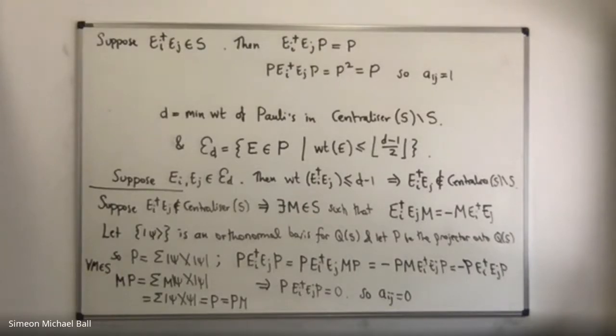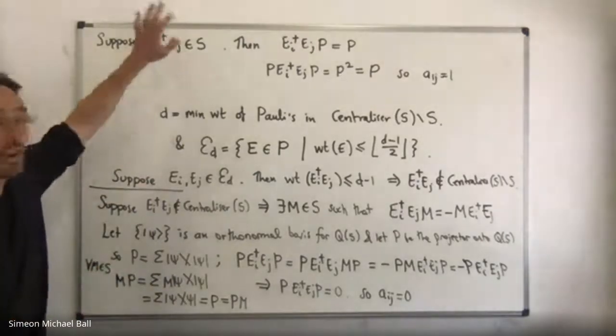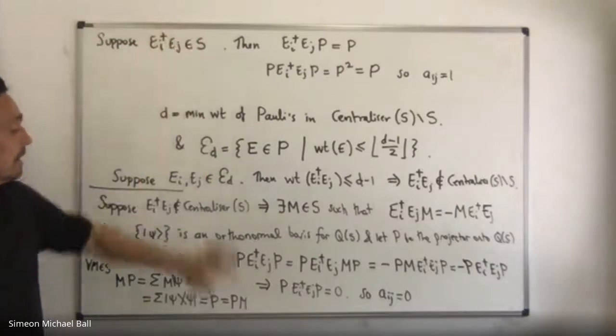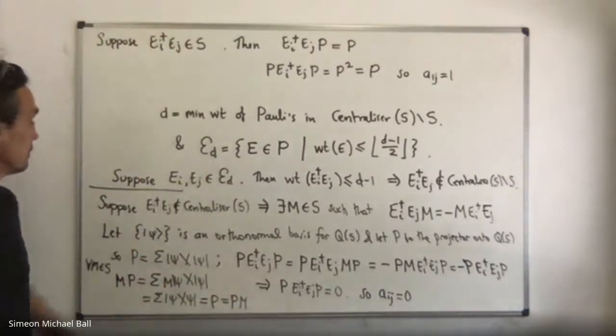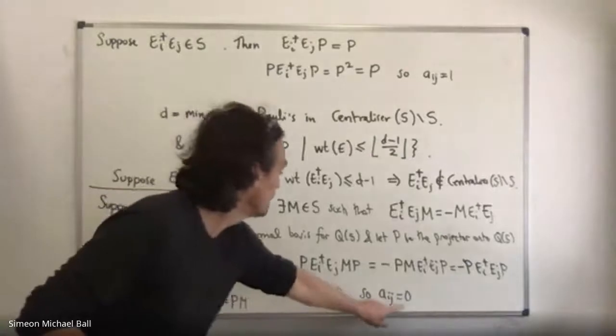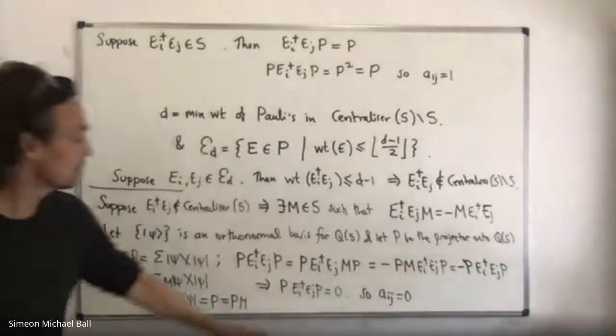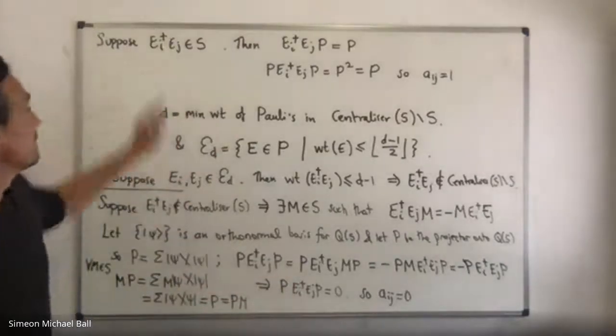It's not necessarily diagonal, of course. I mean, it will be if this case doesn't occur, and we will see examples where it doesn't occur, then of course it would be diagonal. Because then you would only get non-zero here when E_i is equal to E_j. And then this is the identity, so then it is in S.